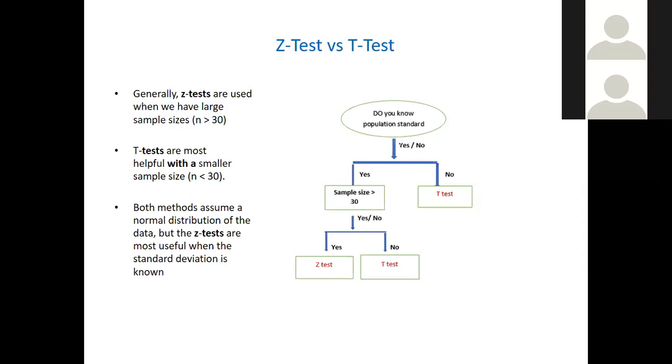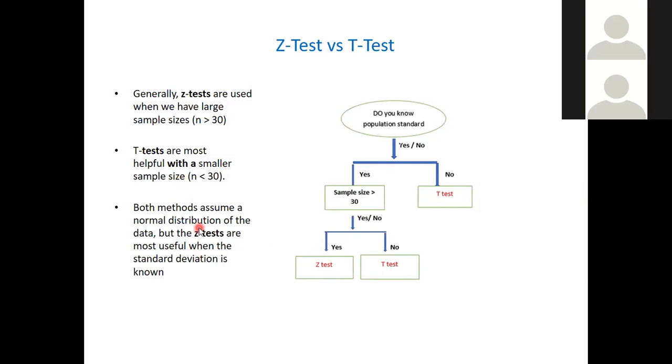Generally, Z tests are used when we have a large sample size. T tests are most helpful with a smaller sample size, less than 30. That was the reason the person that invented or discovered it did that. That's Gosset.